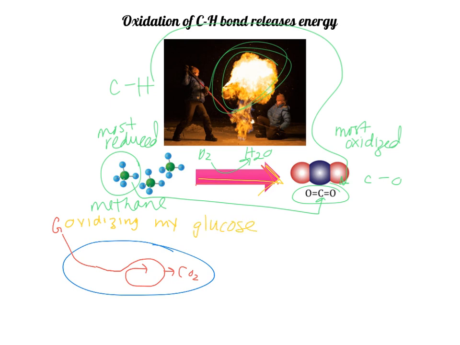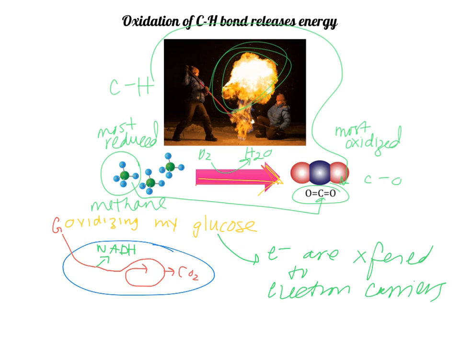If I'm not on fire, then that energy must be transferred somewhere. And the energy is transferred to these electron carriers, like NADH. So instead of being on fire while glucose is being oxidized, the electrons are transferred to what are called electron carriers.